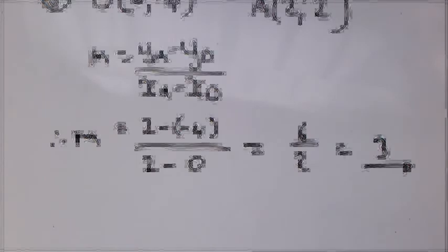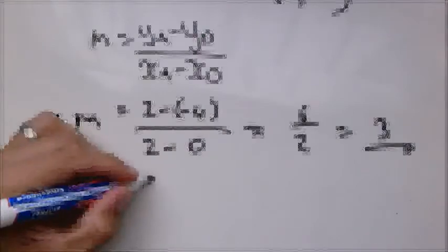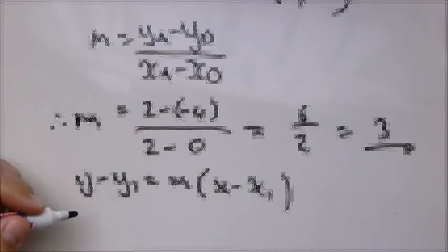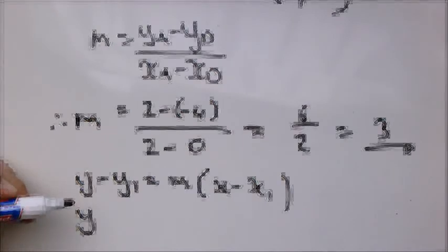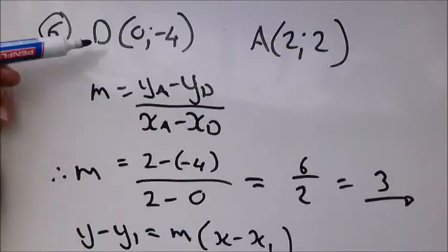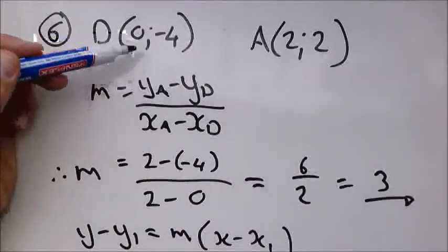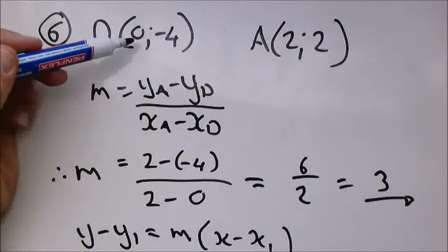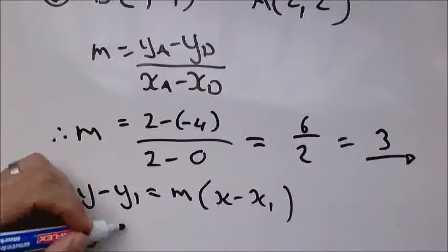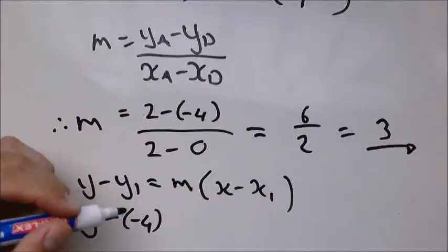And we have a coordinate we can substitute in. So now we immediately go back to this equation and we substitute. So let's choose D because it's easy. This is 0, so automatically it will make it less complicated. So it would be y minus bracket -4 equals m, which is 3.